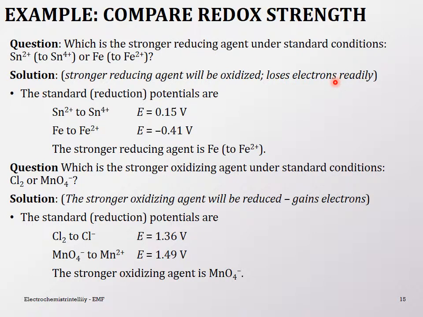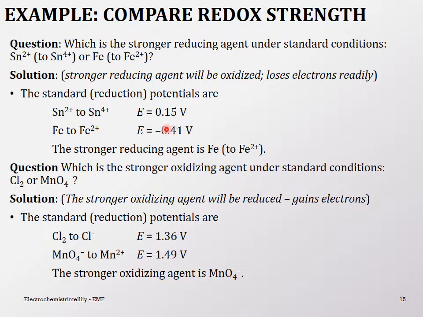The standard electrode potentials for both of these reactions: tin2+ losing electrons to give 4+ is 0.15, whereas iron losing 2 electrons is negative 0.41, which means that iron is a better reducing agent because it is negative.